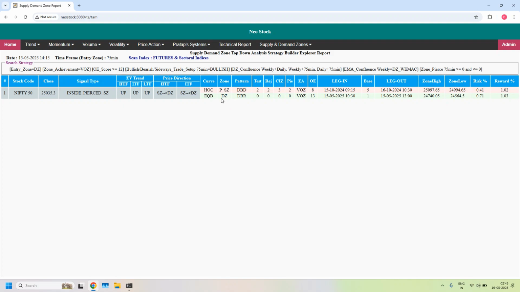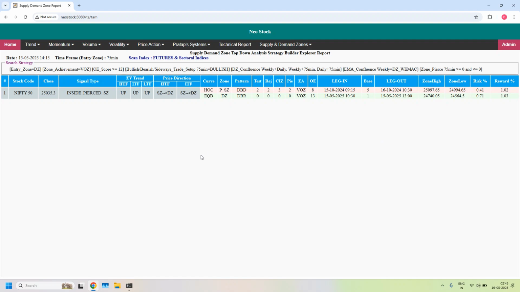Because the NIFTY 75 minutes demand zone overlapped with the daily demand zone, both together overlapped with the weekly demand zone, weekly trend is up, and also the weekly demand zone has weekly EMA confluence. Because the 75 minutes demand zone overlapped in daily and also with weekly, this has more high probability to get success.